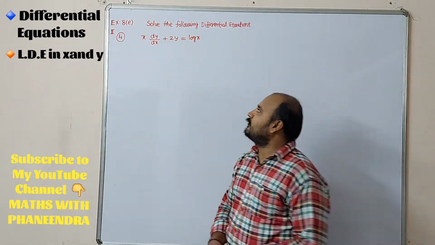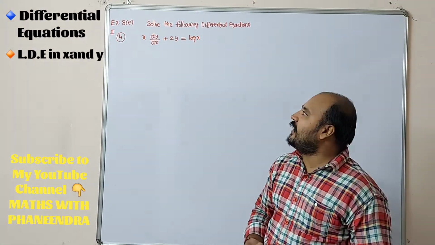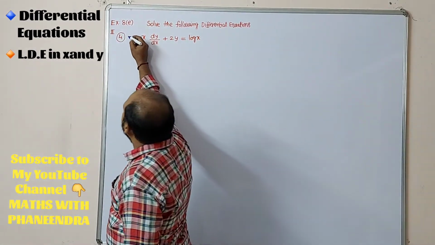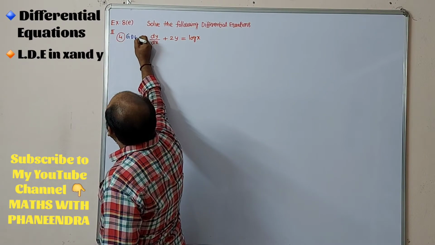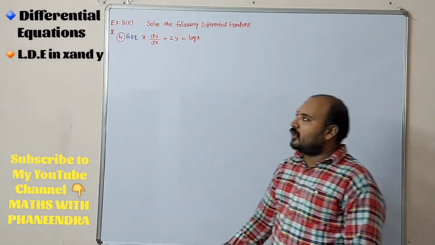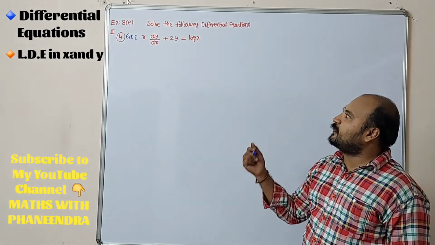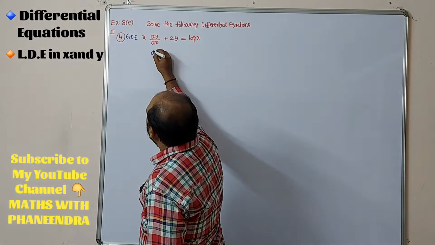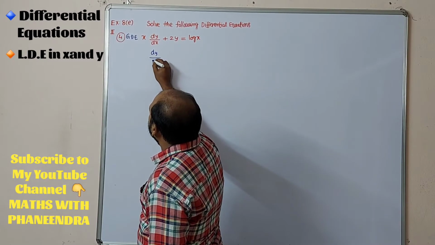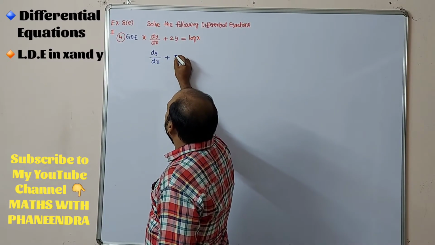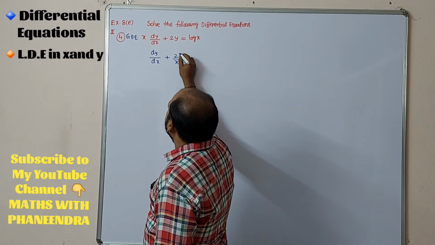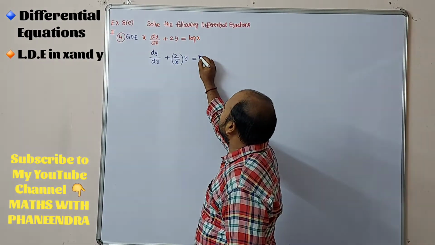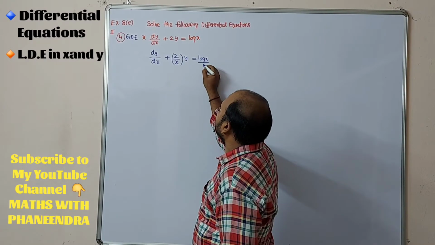The next question: solve x dy by dx plus 2y equal to log x. First, the given differential equation. To convert it into dy by dx plus py equal to q, dividing by x, it becomes dy by dx plus 2y by x, that means 2 by x into y, equal to log x by x.